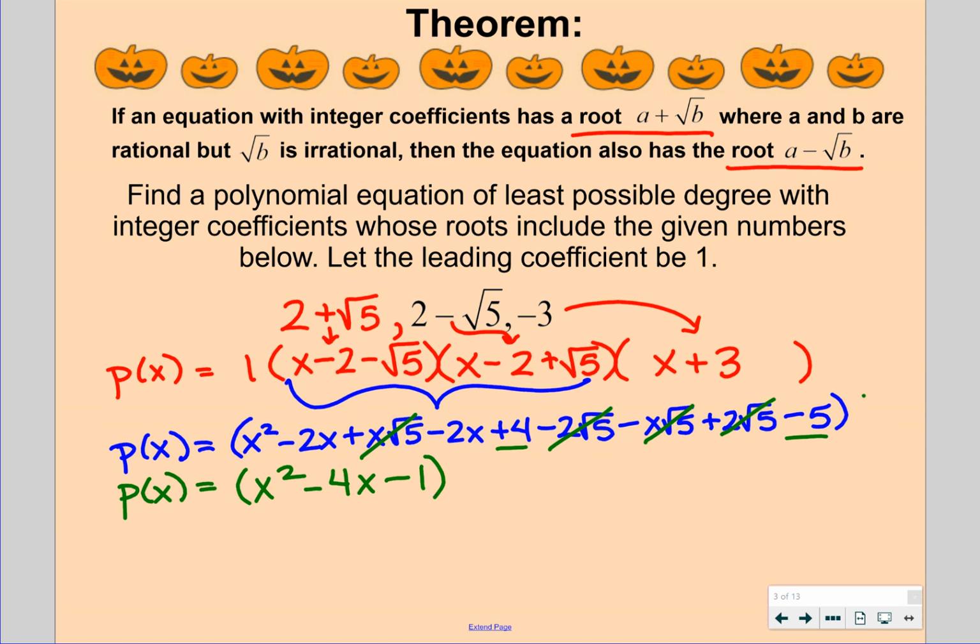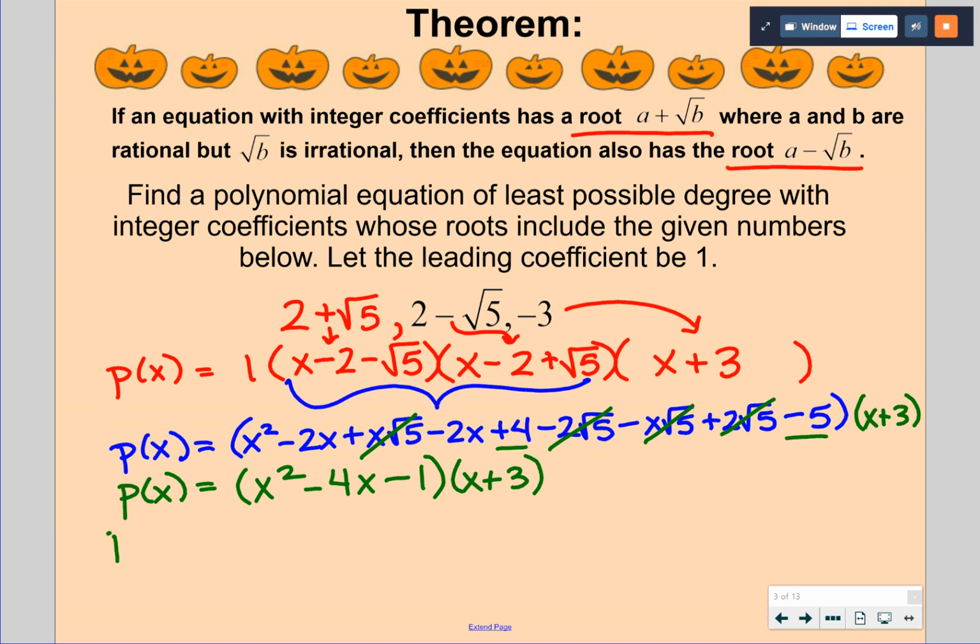Now don't forget, we have that x plus 3. We need to bring it down. That's the tough part. Last part is going to be FOILing these together. If I FOIL these together, x squared times everything in the second parentheses gives me x to the third and 3x squared.